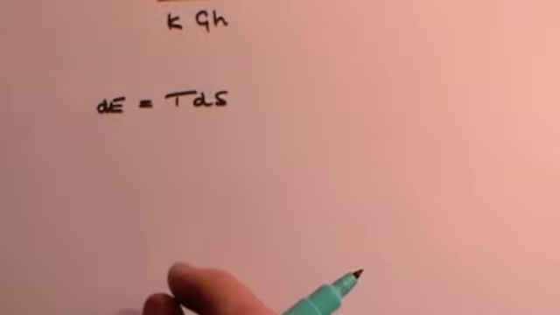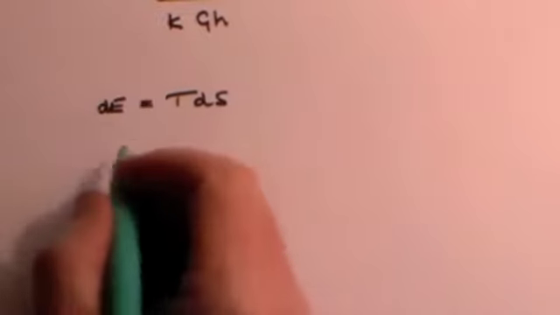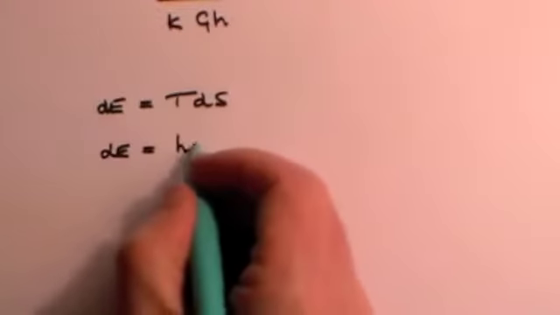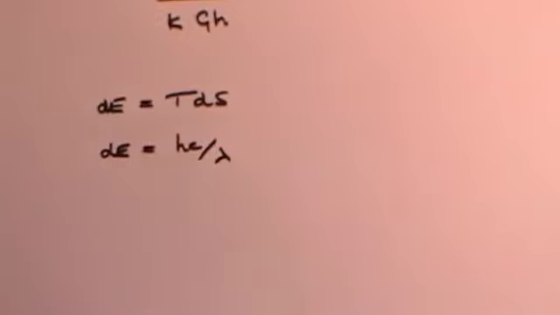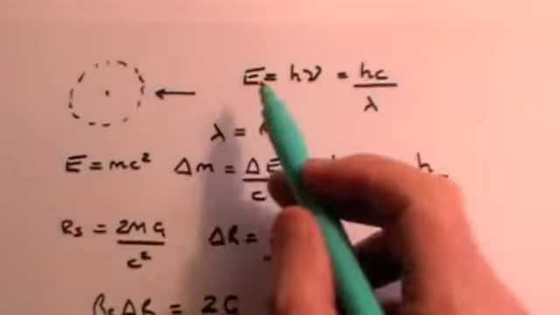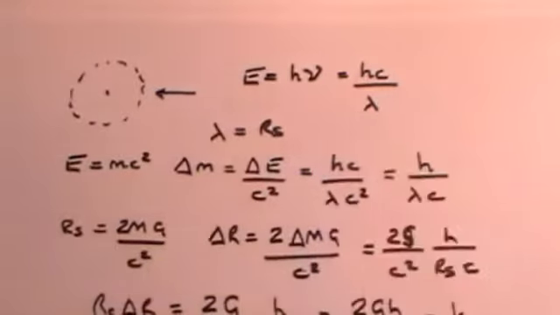Now, for one photon of energy, we have said above that the change in energy is hc over lambda. That was what we derived, right? Well, we didn't derive it, we stated it because we've derived it, or shown it, in other videos.